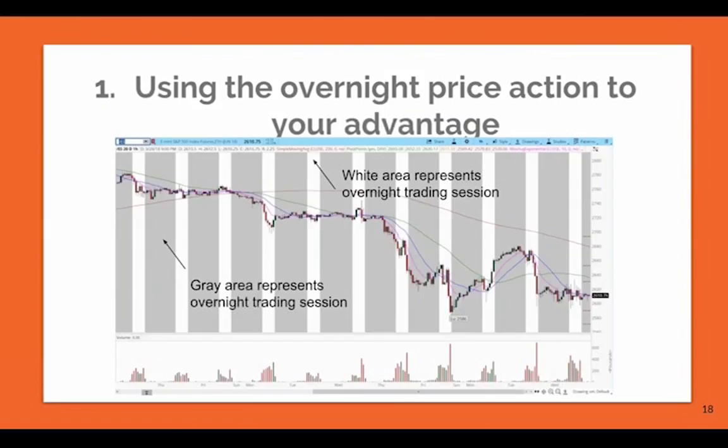So using the overnight price action to your advantage, how can you use that? Well, the futures market offers you the great advantage to see a continuous price action. And what that means is that you're able to see how the Asian session is handling the price, how the European session is handling the price, whether they're taking it higher or lower, or whether they're ranging it. These are the charts from last night.